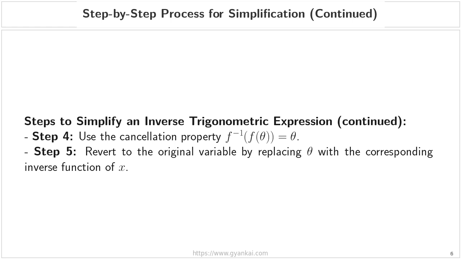Therefore, we replace theta with the corresponding inverse trigonometric function of x that we established during our initial substitution in step 2. With these 5 steps clearly defined, we now have a complete roadmap for simplification. To see exactly how this workflow functions in practice, let us move on to some detailed examples in the following slides.